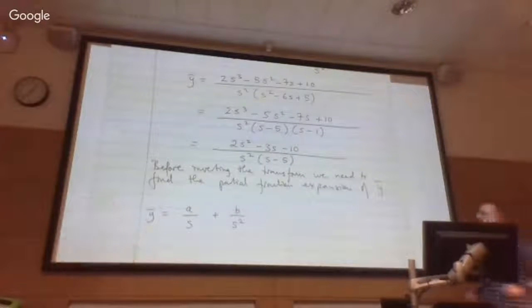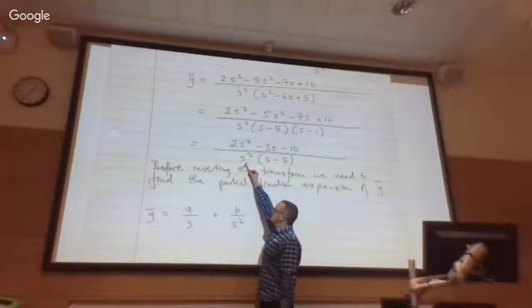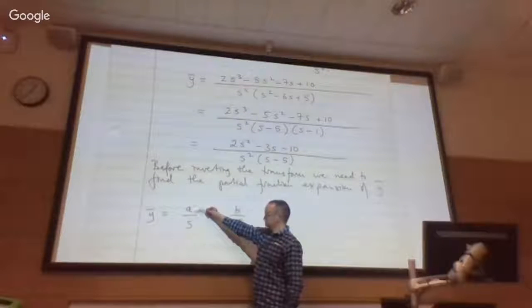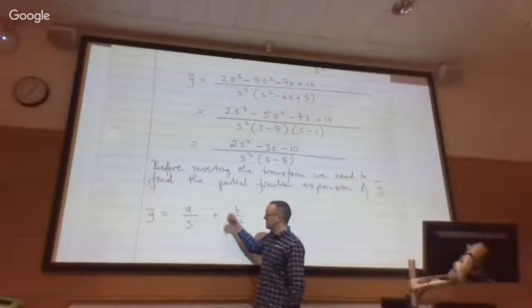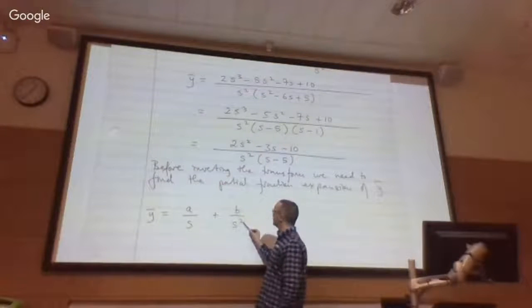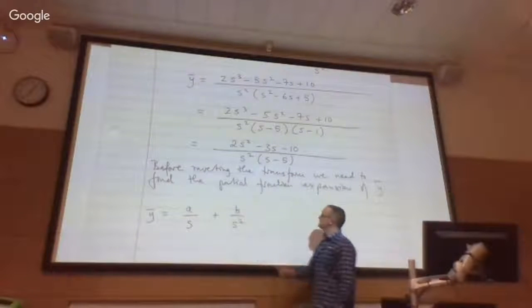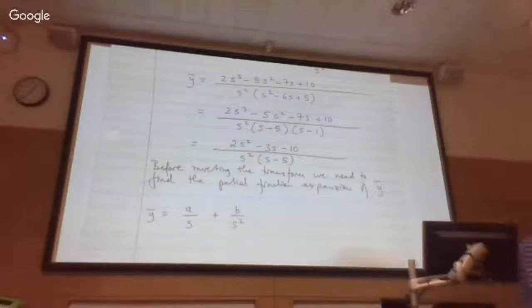Remember, when you've got a linear factor, s plus a constant, that's s plus 0, a linear factor raised to a power, in the partial fraction expansion you might have a constant over that factor for each increasing exponent all the way up to the one that appears there. So it's something over s plus something over s squared. And then there might be something else, a C, over the other factor, s minus 5.